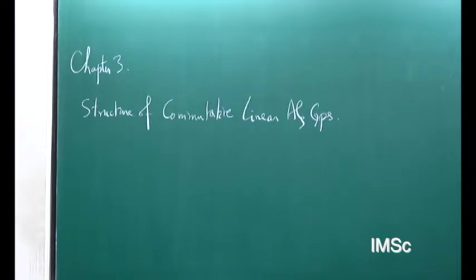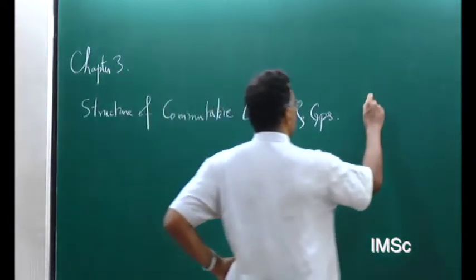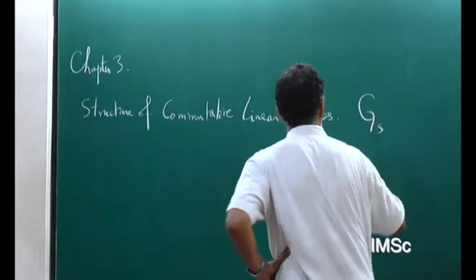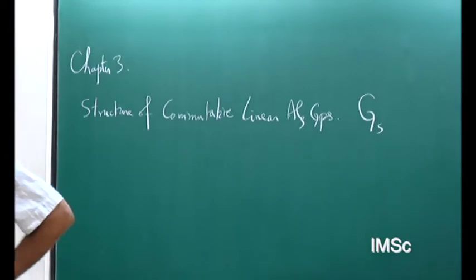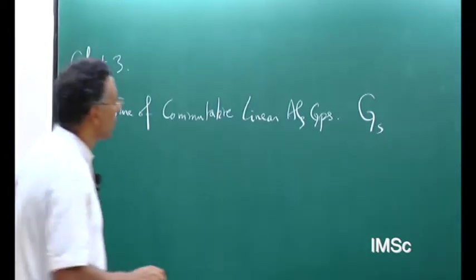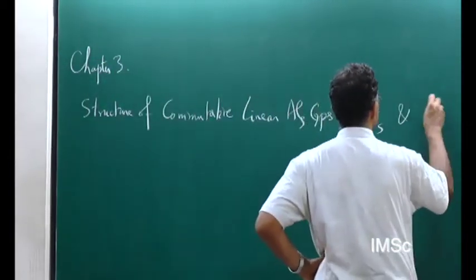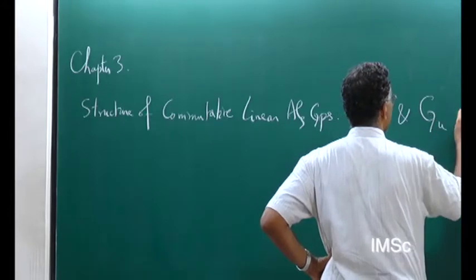If you take a linear algebraic group which is commutative, then we did make some general statements about this. What are the general statements? GS, by which we mean the set of semisimple elements of G, and GU are closed subgroups.